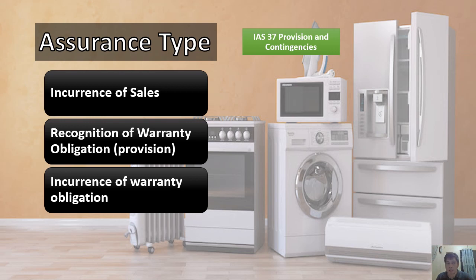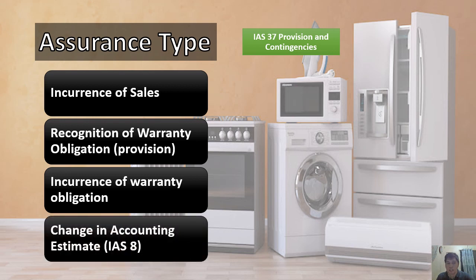So magkaiba po ang recognition ng warranty obligation, which is a provision, and must be recorded at the time of sale, while the incurrence of warranty obligation must be recorded at the time of the incurrence of the warranty obligation. Then the last one is the change in accounting estimate, and we have to follow IAS 8. Ito po yung huli wherein we have to reevaluate or check if the provision that we initially made is still reliable or not.